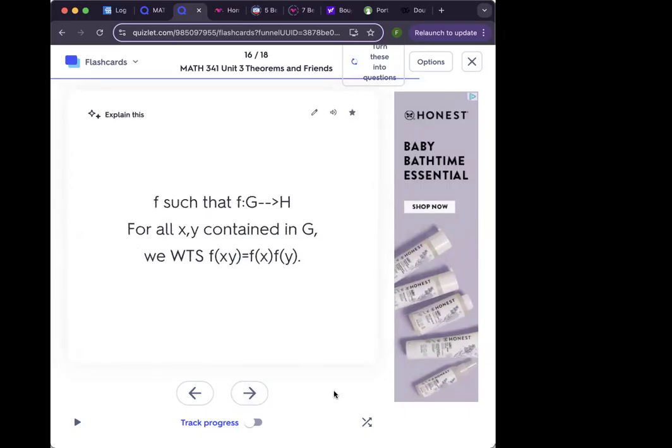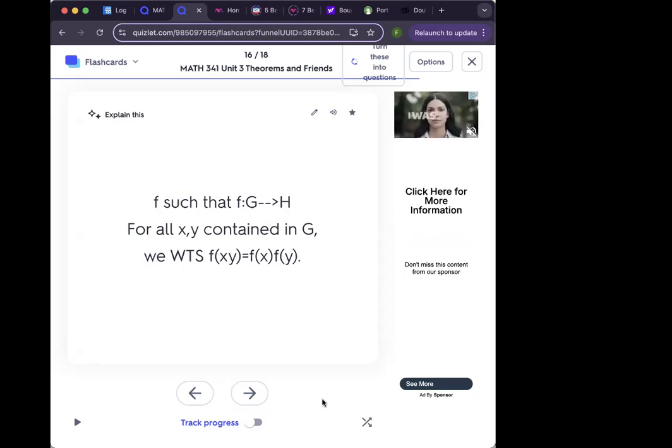Homomorphism, this is the one that I remember pretty well. We have our f such that f maps G to H, and we say for all x, y in G, we want to show that f of xy equals f of x, f of y. And that additive version, f of x plus y equals f of x plus f of y.